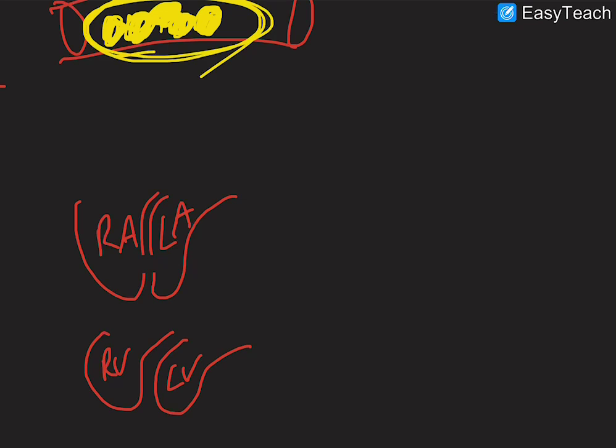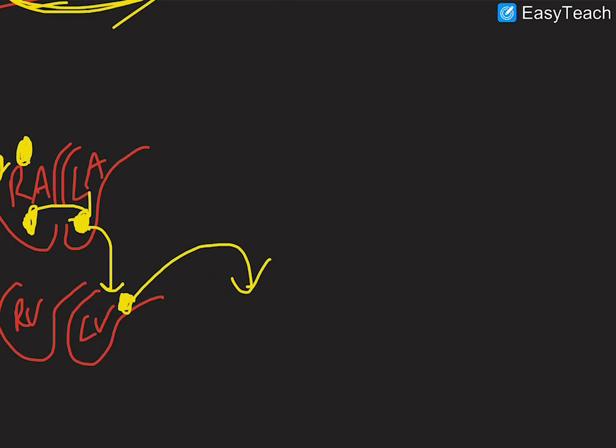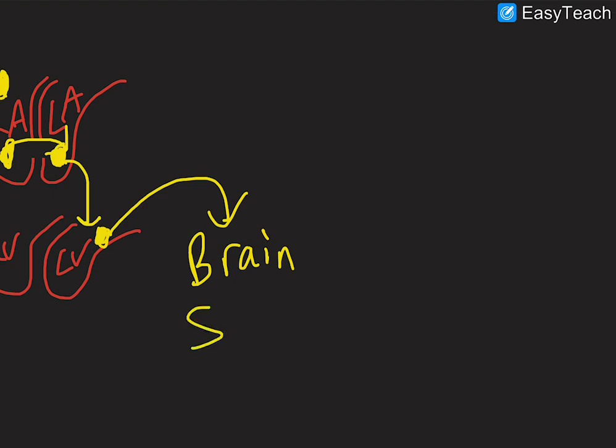What's an atrial septal defect? An opening between your right and left atrium. So if we have fat globules here in your right atrium, then these fat globules can directly enter your left atrium, then go down to your left ventricle, and then be pumped systemically. And then go and lodge into the blood vessels in your brain. And then you can also see skin symptoms too.